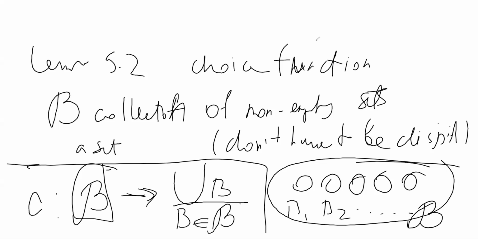But you have to be careful because we're not taking just any random element. We want the element it outputs to be an element specifically of the set we have chosen. So if we're given a set B in our choice function, we want C of B to be an element of B, right?